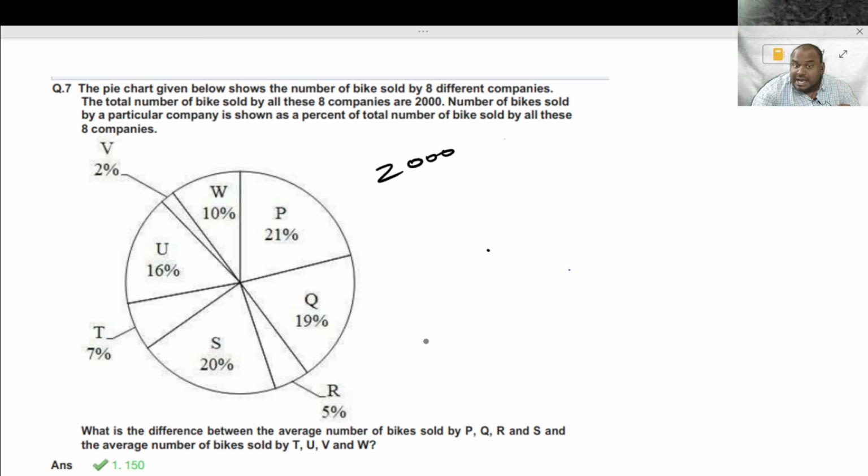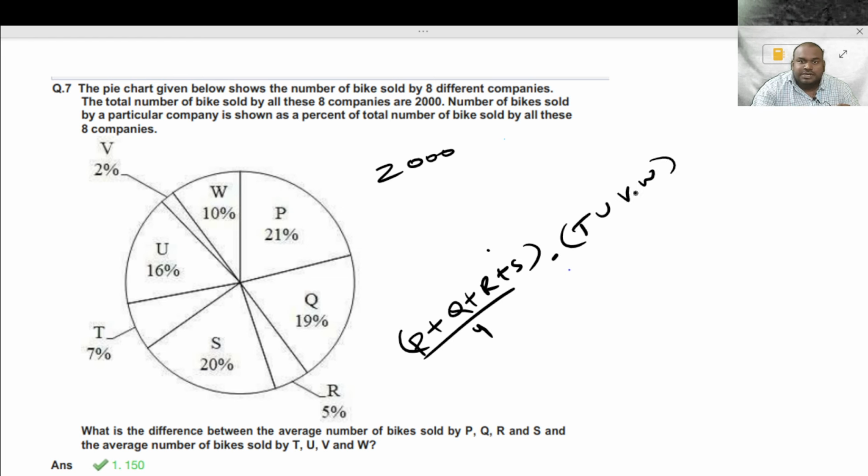He is asking average. So how many bikes sold by PQRS divided by 4, minus TUVW, add them, divided by 4. So we'll give you the answer in terms of percentage. Okay, so that's what we need to do.